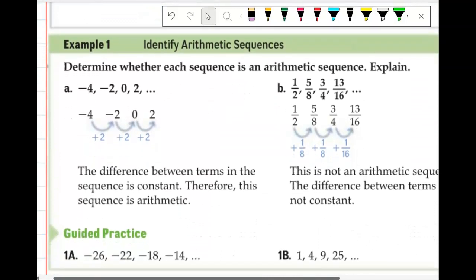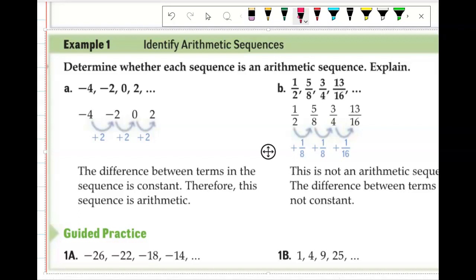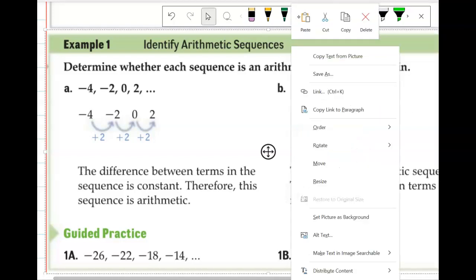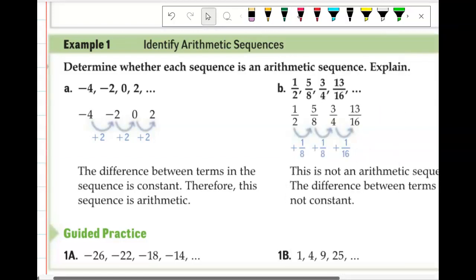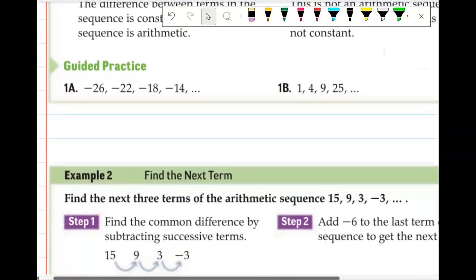Here's a couple more examples. Here you can see that we're adding 2, adding 2, adding 2. However, on the next one, we add 1/8, we add 1/8, and then we add 1/16. Because we've changed what we are adding, it is not a common difference, and therefore example B is not an arithmetic sequence.